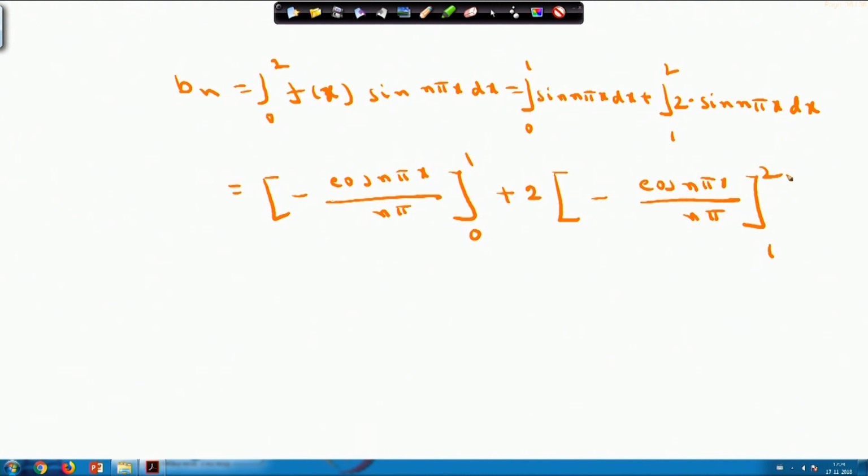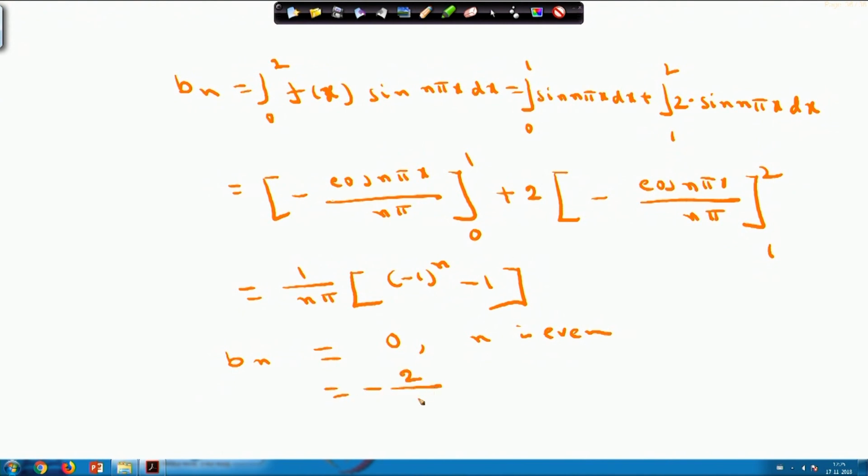If I evaluate these values, you will ultimately obtain 1 by n pi into minus 1 to the power n minus 1. So, I can write down b n equals 0 when n is even, and this equals minus 2 by n pi when n is odd.